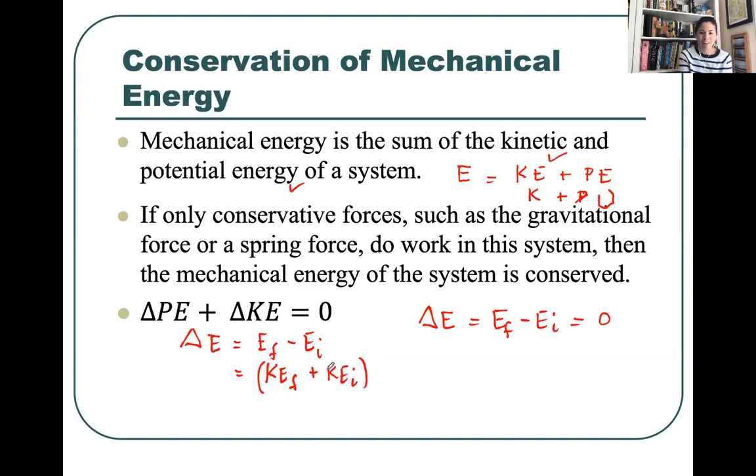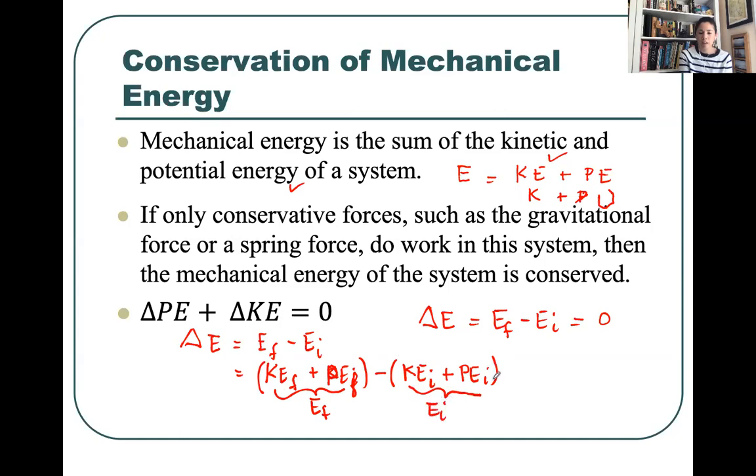Sorry, I'm going too fast here. So this is my final mechanical energy minus my initial. So we would take a look at the initial kinetic energy and the initial potential energy.